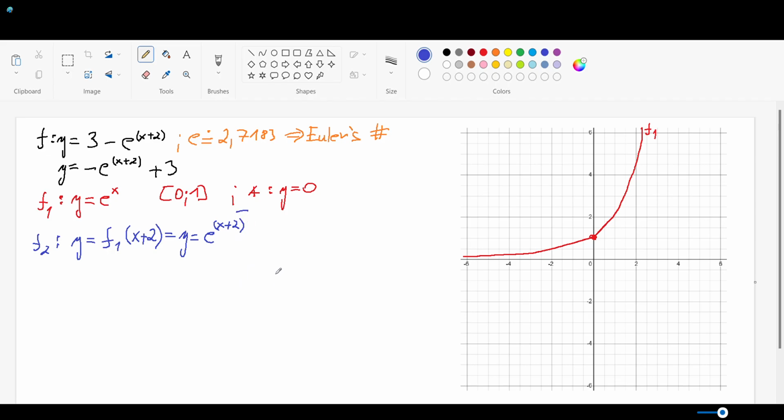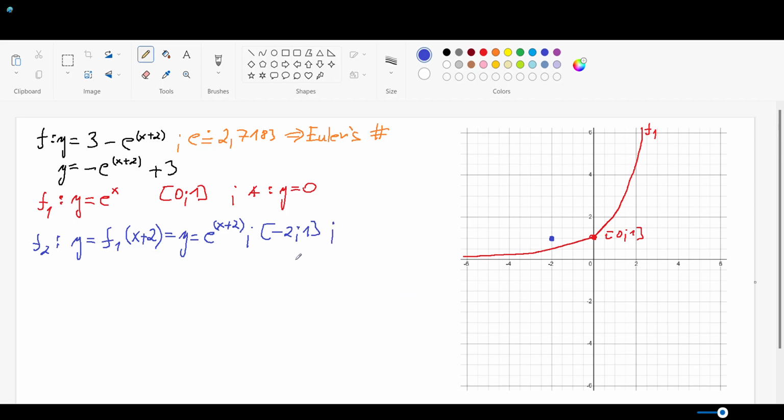We already explained why. That means that our point with coordinates 0 and 1 will have new coordinates, and as it is moved 2 units to the left, it's going to be -2 and 1. So this is my new anchor point.